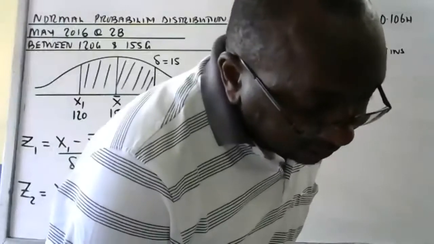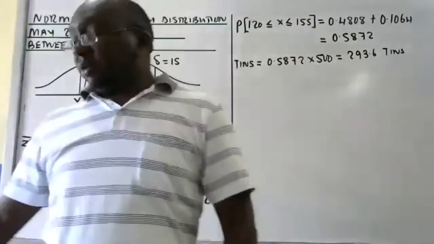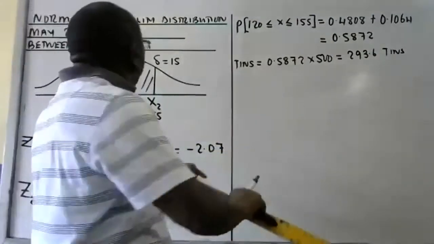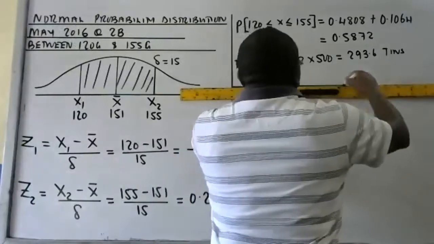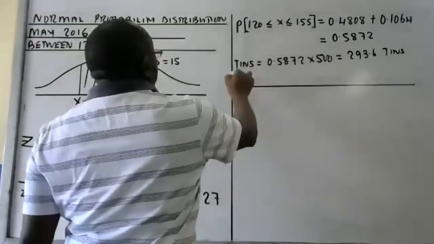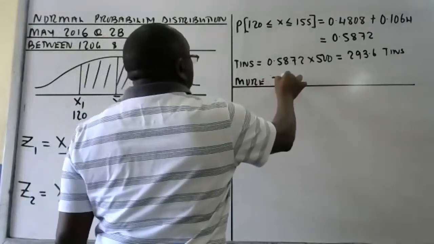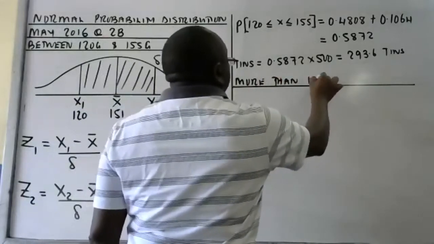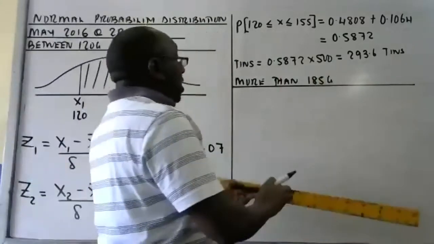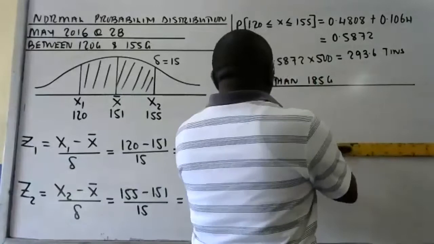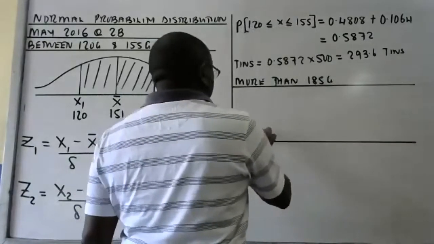The number of packaging tins that weigh more than 185 grams. So we get now the ones that are more than 185 grams. So this one, you again draw something like this.